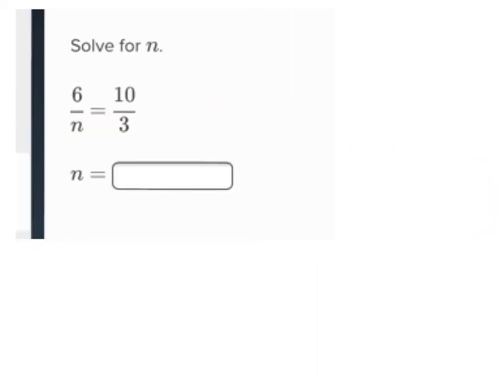So now let's solve this proportion. I have a fraction on the left and a fraction on the right and an equal in the middle. That means I need to cross multiply. So n times 10 is 10n, and 3 times 6 is 18. And so now I will divide by 10 on both sides.